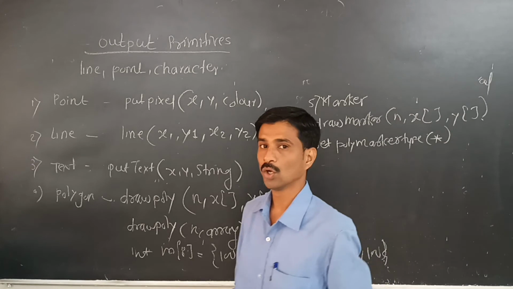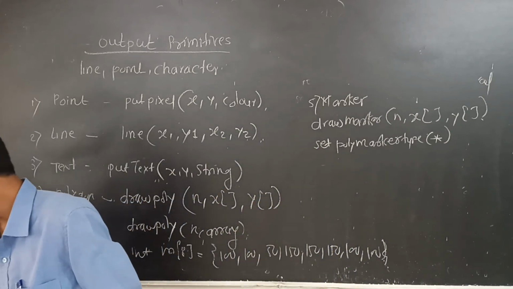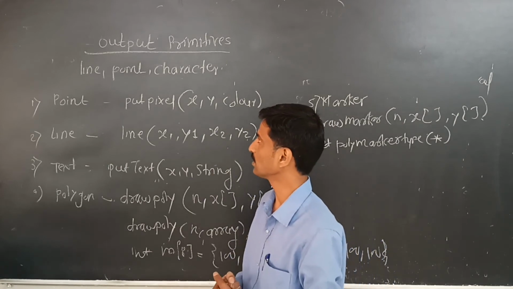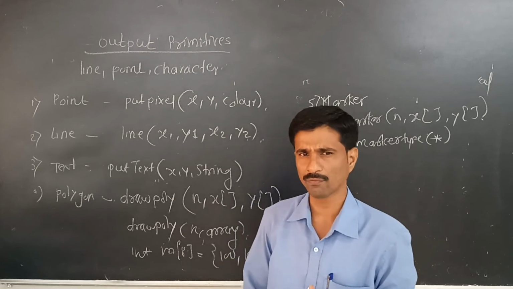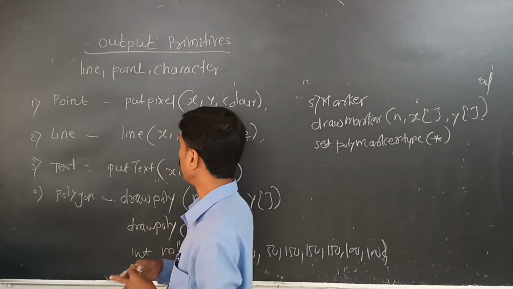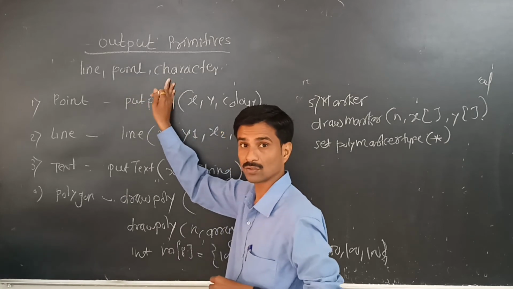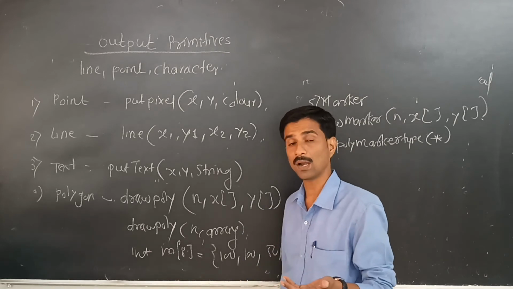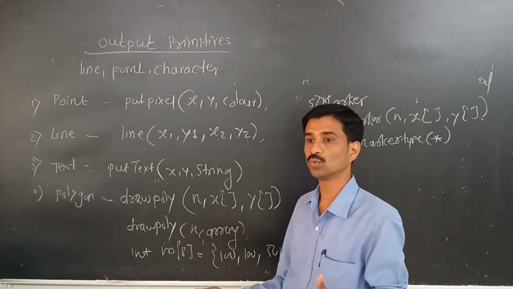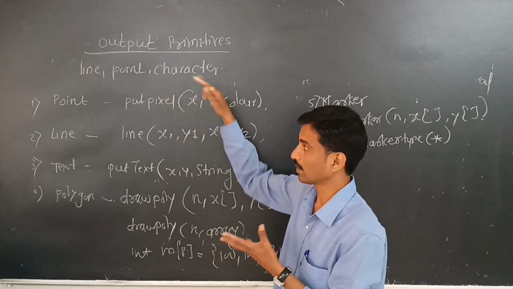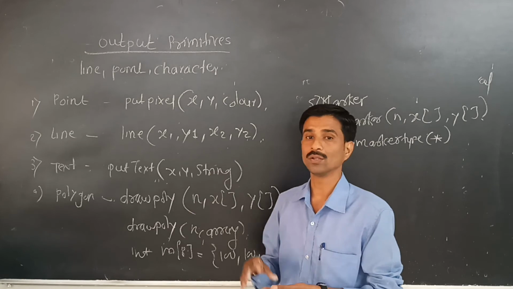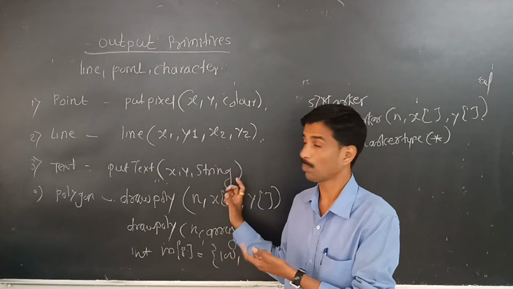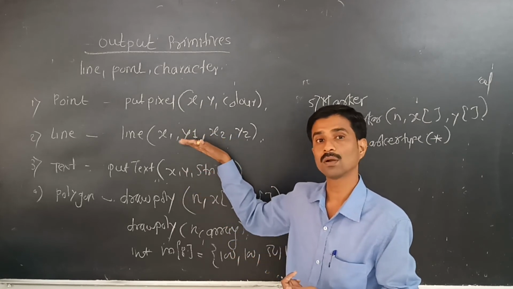Next we will see the output primitives. We use different graphics functions to draw a line, point and character. We will see in the later lectures how to draw a different line, point, character or other graphics function on the Turbo C compiler. But today we will see only the theoretical part of each and every command.